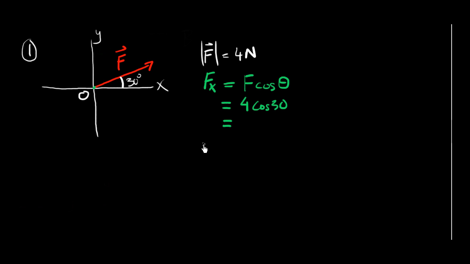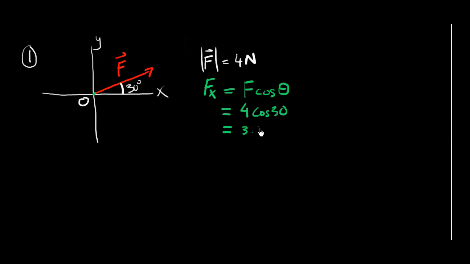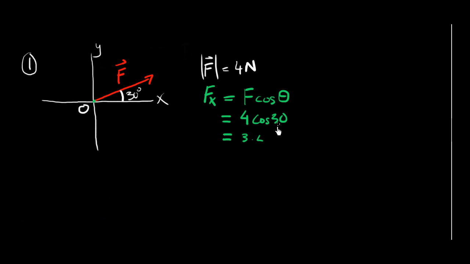And if I do that in the calculator, 4 cos 30 comes out to 3.46 newtons, 3.46 newtons to 3 significant figures, and so that's this component here of that vector, and the other one would be how much of that force is going up.